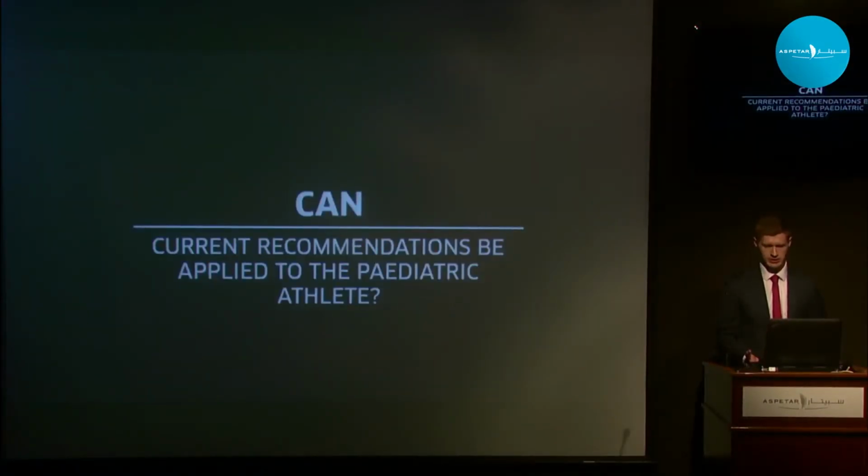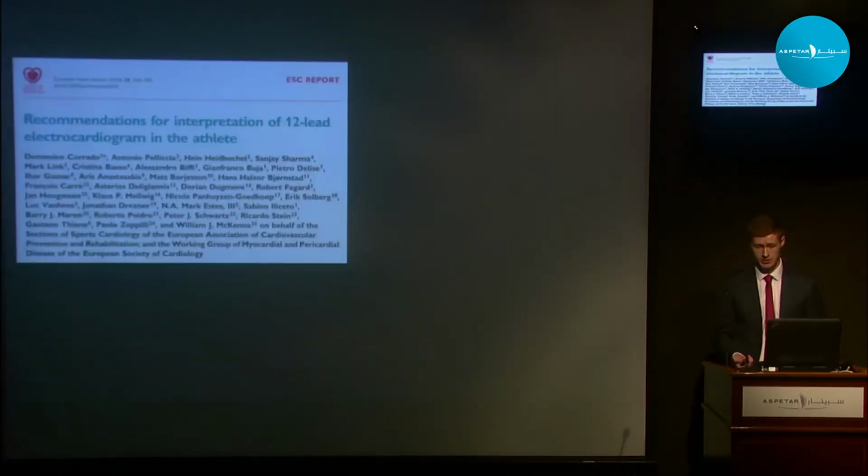So this brings us to our question. Can current recommendations for ECG interpretation be applied to the pediatric athlete? And indeed, what are they? The first main body of guidelines for the athlete in terms of ECG interpretation was the ESC 2010 recommendations.